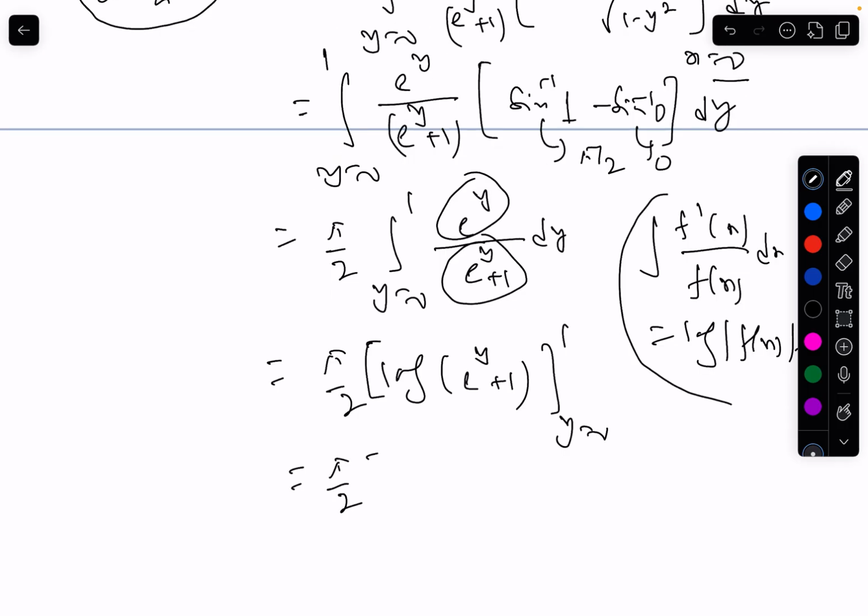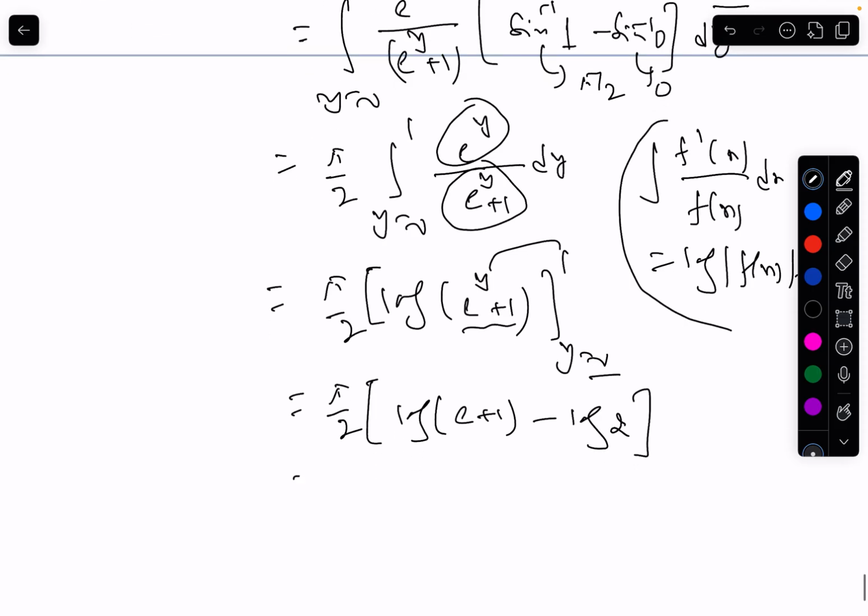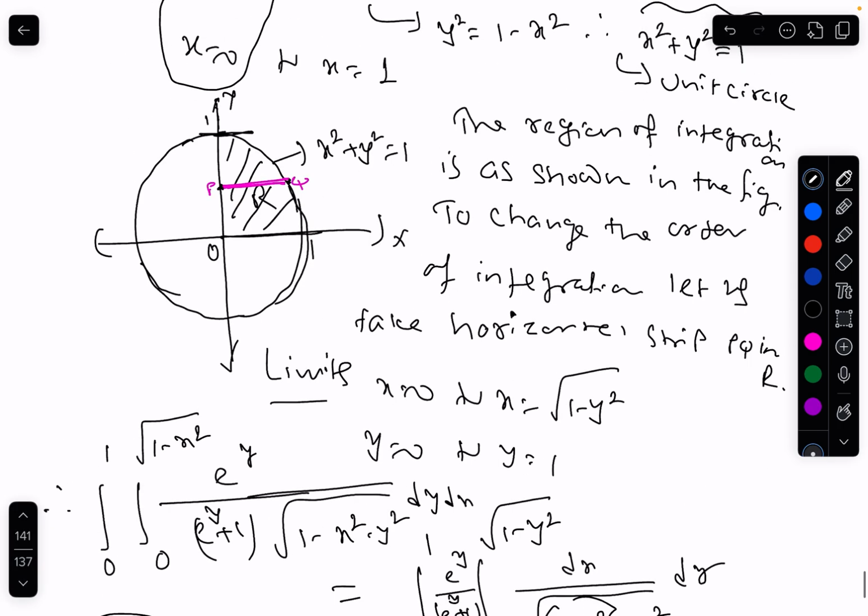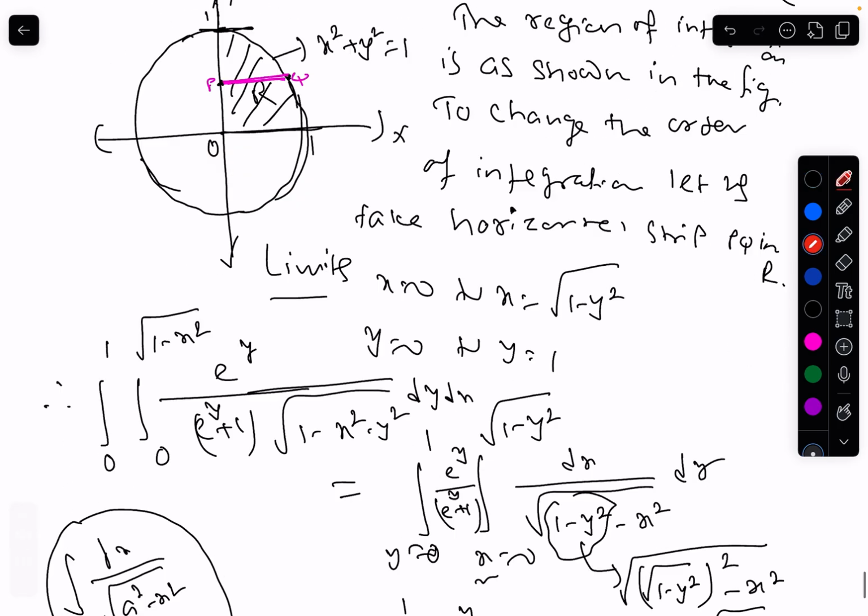And so pi by 2, this is log, y is 1, so this is e plus 1, minus log, y is 0 and e power 0 is 1, plus 1 is 2. So minus log 2. So answer is pi by 2 log of e plus 1 by 2. Log a minus log b is log of a by b. So this is the way you can have the change of order of integration where it is helpful to evaluate some integration.